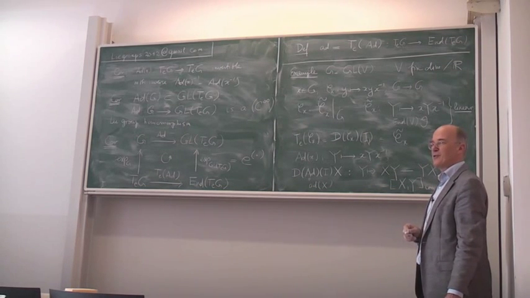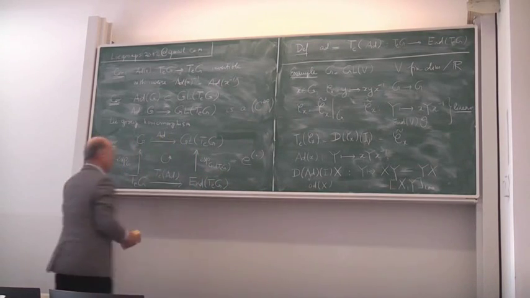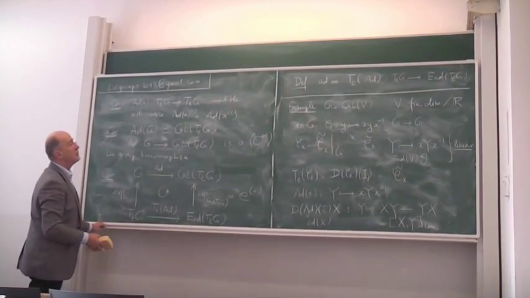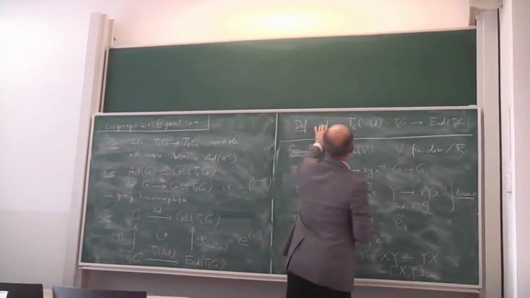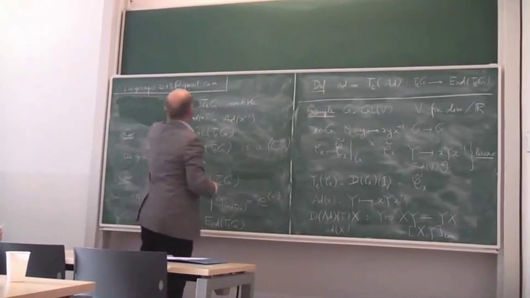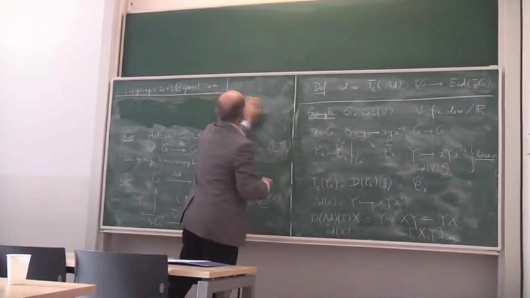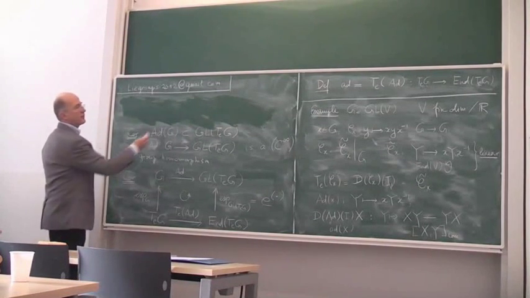And now the idea is, of course, define the Lie algebra structure in general by using the derivative of this, by using this little ad. So this is the final definition for today, and then next week I'll continue the further build-up of the theory.